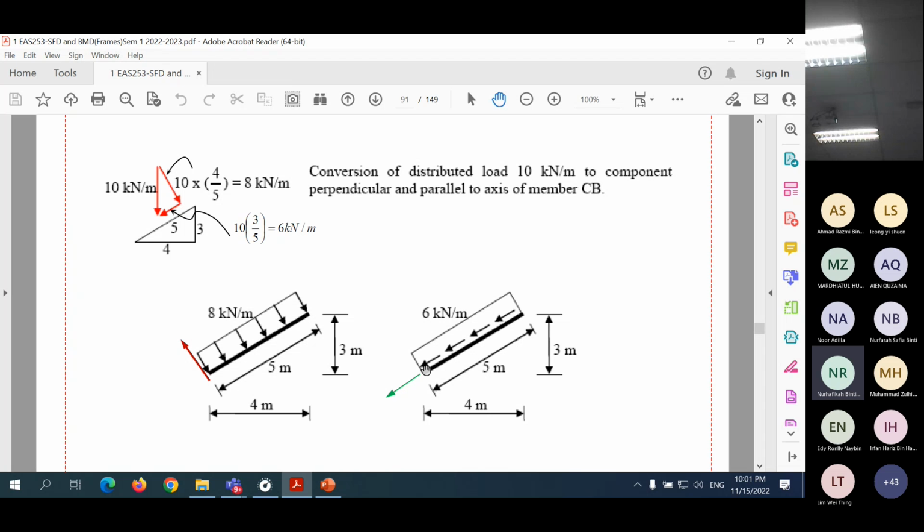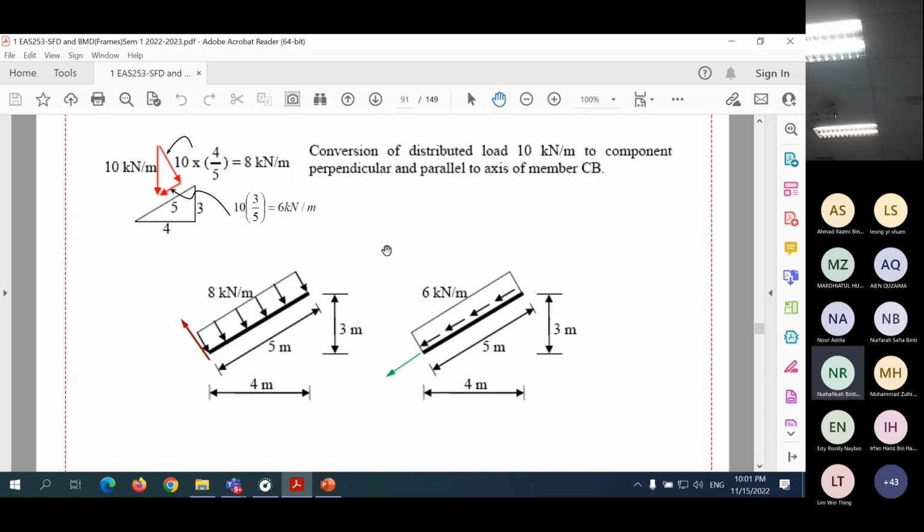This is the direction of the shear force. You need to do this because when you want to calculate shear force, you need to write the equilibrium equation in these directions. Axial force, you need to write the equilibrium equation in these directions. So this makes the calculation of a frame a bit lengthy, a bit complicated.